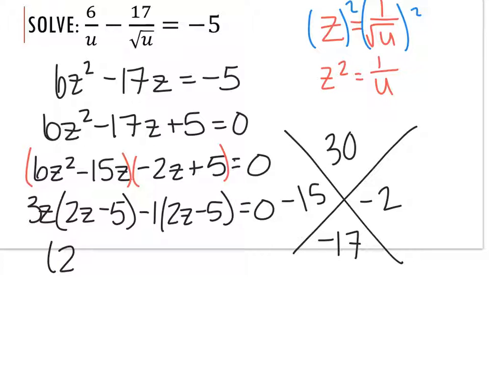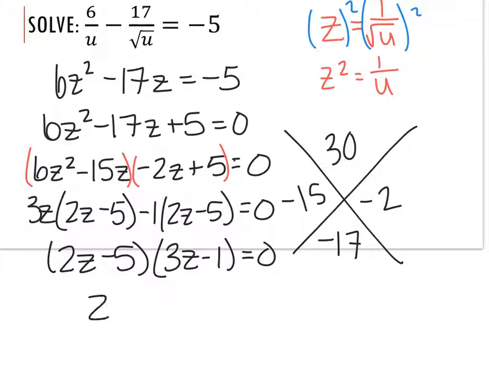So we have 2z minus 5 for our first factor, and the other factor is 3z minus 1. So if I simplify this, I get z is equal to 5 over 2 and 1/3.